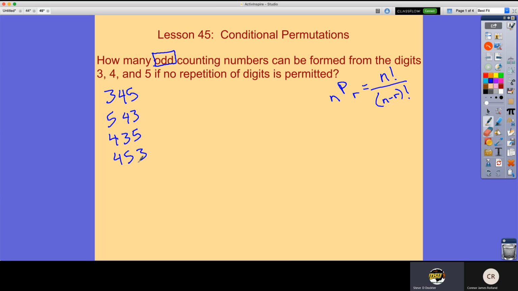Anything else? That's it? Okay. Well, let's see if we can do this math-wise. Let's see that we can do this math-wise another way, see if we get the exact same answer. Because when you only have 3 numbers like this, it's really easy to just list them out, say, all right, the answer is 4.